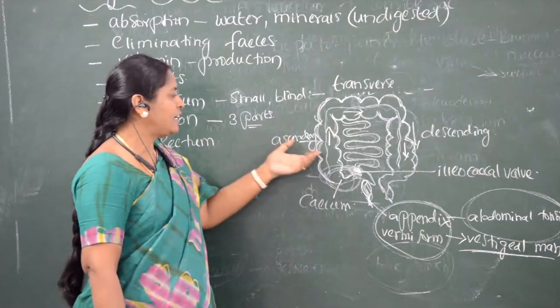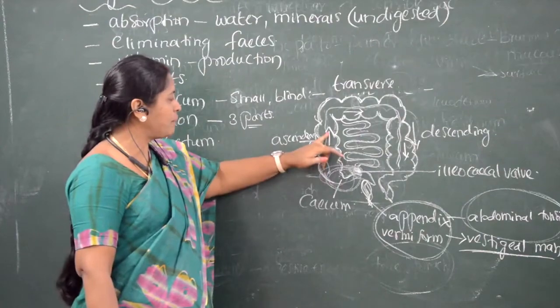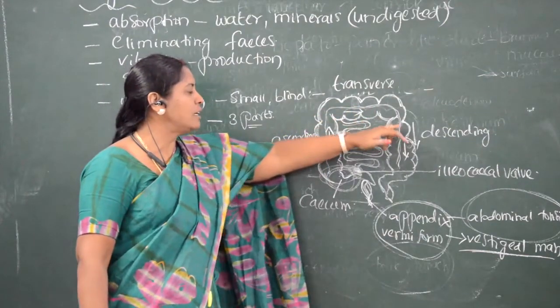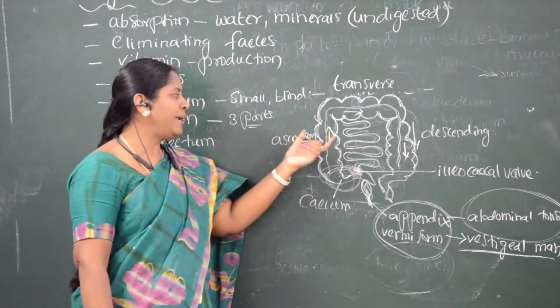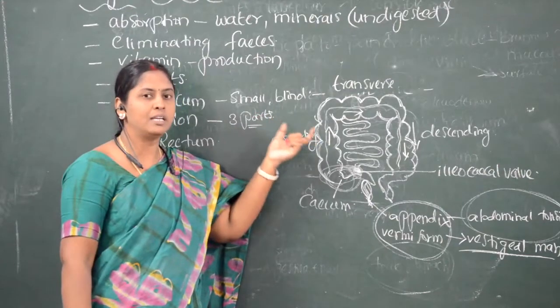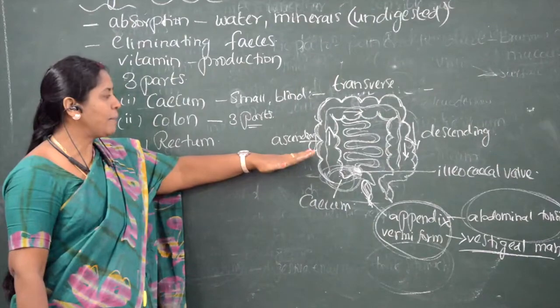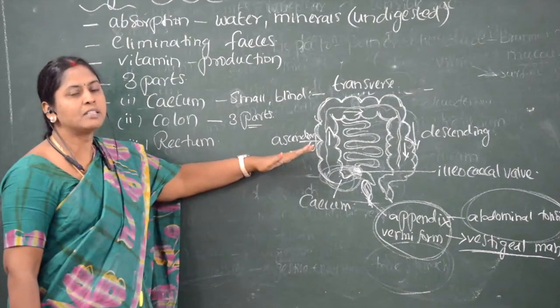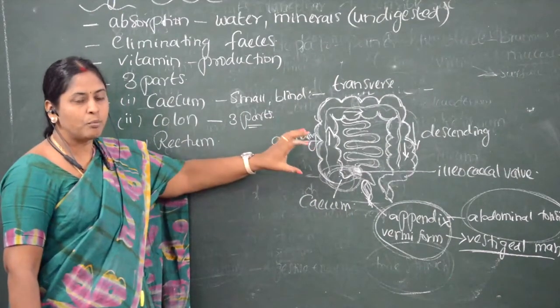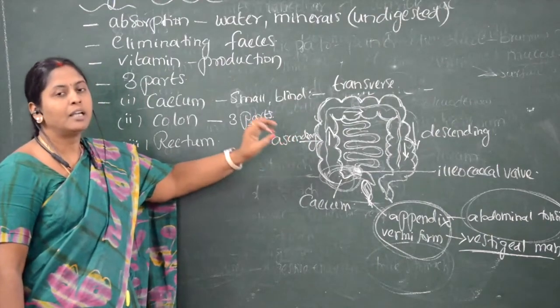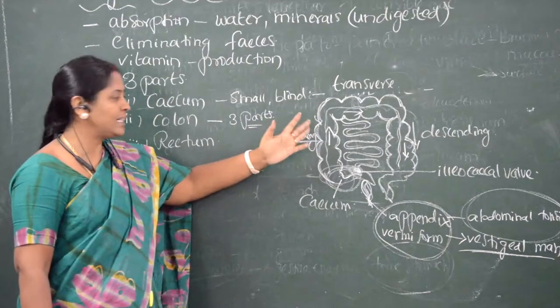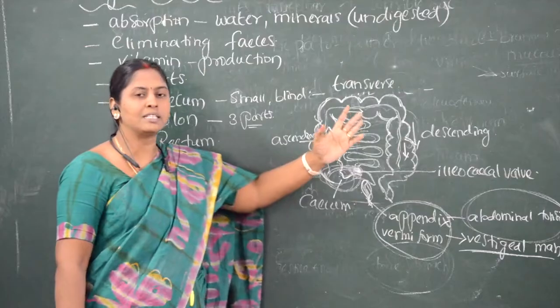It is divided into three parts: ascending part, transverse part, and descending part. The main function of the colon is to absorb the water and minerals present in the undigested food material. So most of the absorption occurs in the colon, that is, in the ascending, transverse and descending parts.